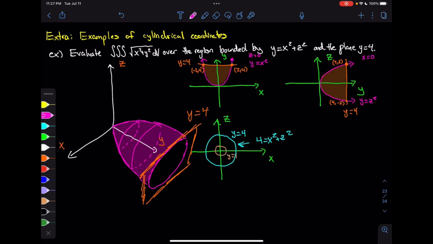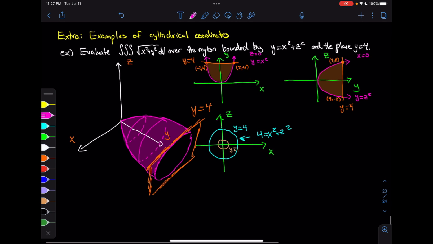So the question is, how on earth are we going to trap this shape? Do we trap it using x, y's, and z's? And clearly since this is a section on polar coordinates, I'm going to suggest that we don't do that. And you'll notice that if we look at all three of these traces, this one right here looks like a bunch of circles.